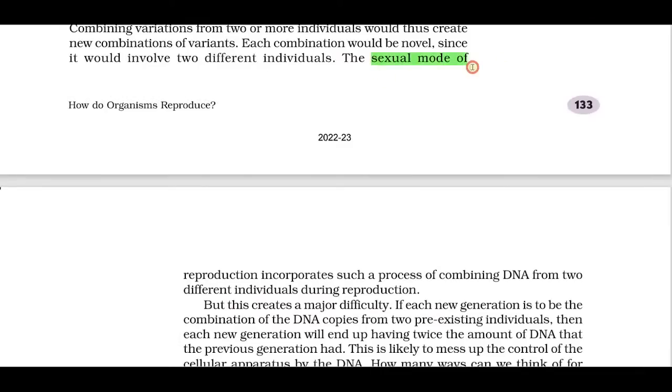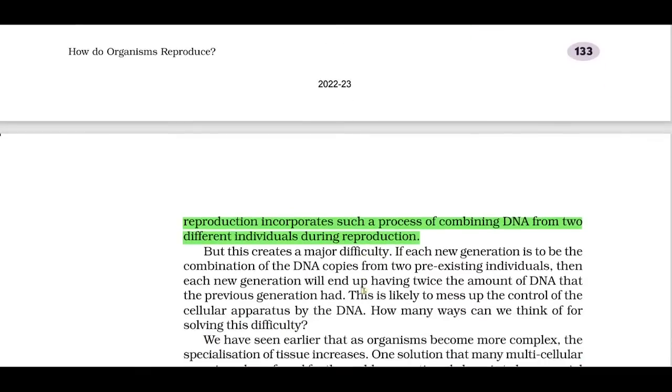So in the sexual mode of reproduction, what happens? It incorporates combining DNA from 2 different individuals during reproduction. That is, the fusion of male and female gametes takes place. That is the process of combining DNA from 2 different individuals during what? The process of reproduction.